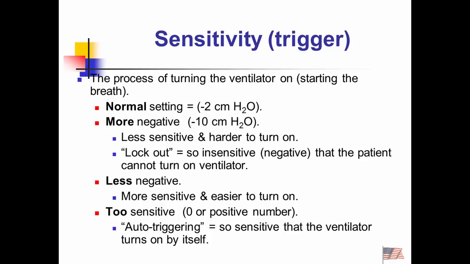Sensitivity tells us how easy or hard it is to begin the breath. Remember I said there was a drop in pressure at the beginning? That trigger, let me stop there and let you guys catch up to me.